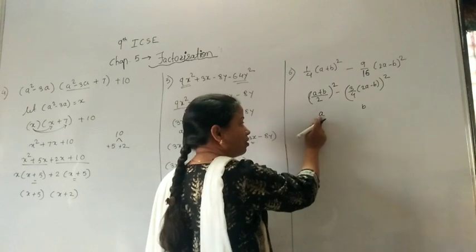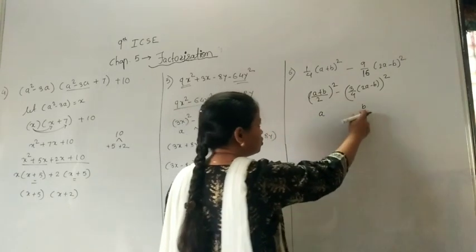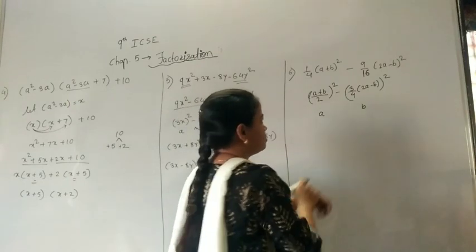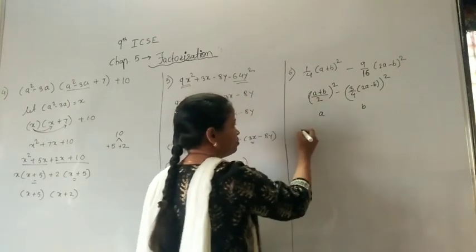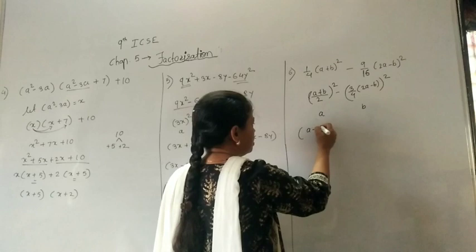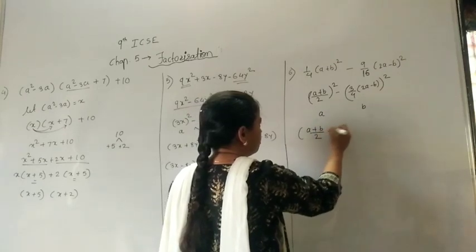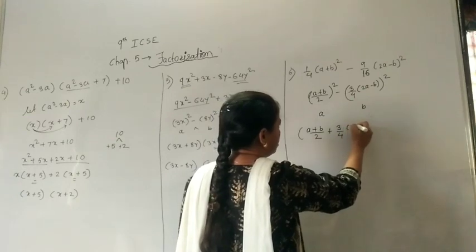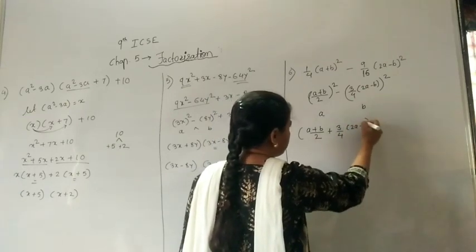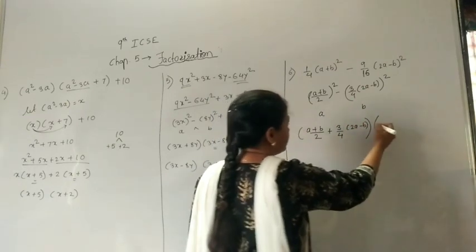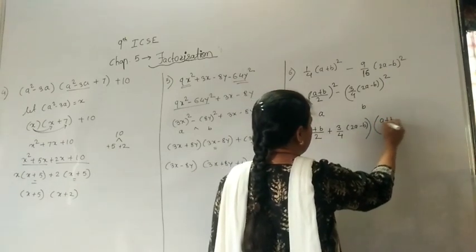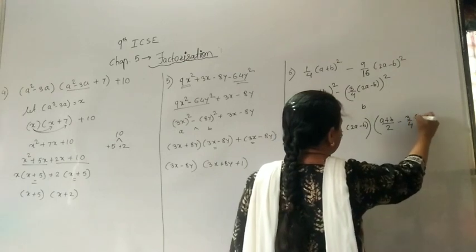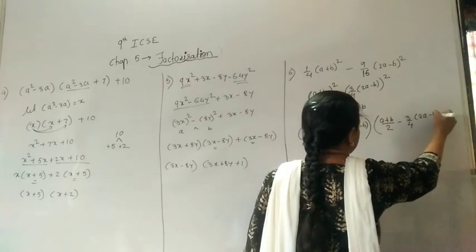Now this is a square minus b square, so factorizing into two brackets, a plus b and a minus b. So first of all, a plus b means (a plus b) by 2 plus 3 by 4 (2a minus b), and in the other bracket (a plus b) by 2 minus 3 by 4 (2a minus b).